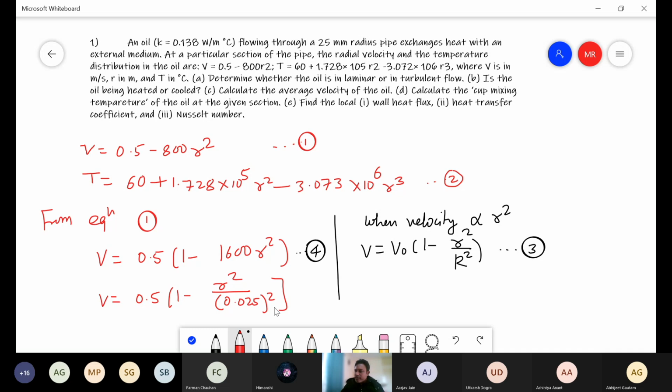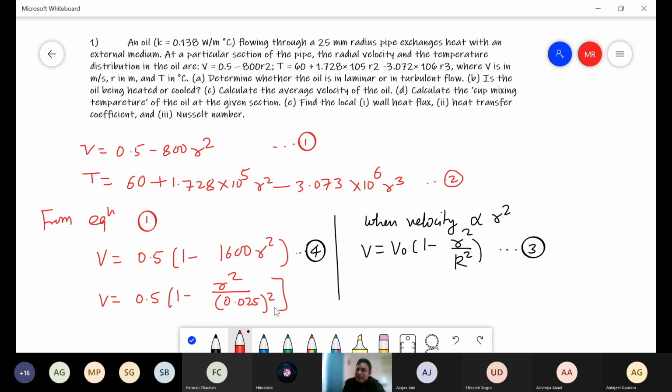It is satisfying the equation, isn't it? Don't you think? What is 0.025 square? 0.025 square is 6.25 into 10 raised to power minus 4. And if you take the inverse of that, then you get 1600, isn't it? It's satisfying the equation. Yes or no?